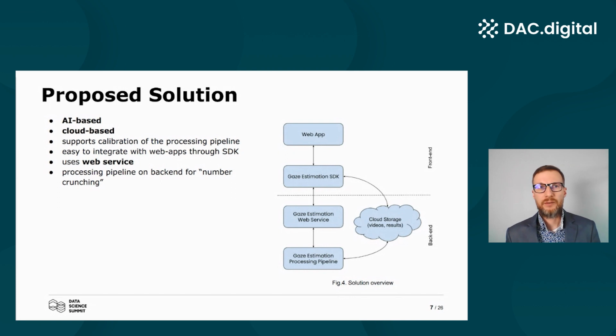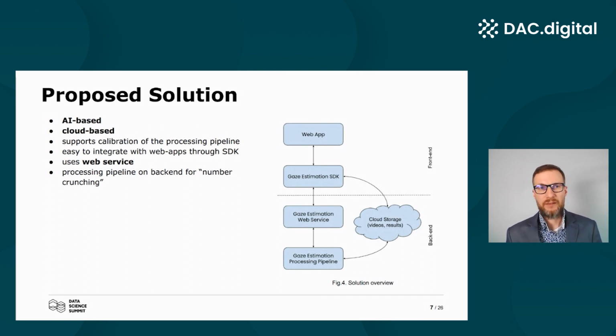On the right side, you can see an overview of the solution proposed by us. It consists of a gaze estimation SDK, a gaze estimation web service, and a gaze estimation processing pipeline. It also leverages cloud storage functionality. It's AI-based, meaning the gaze estimation model is a deep neural network.